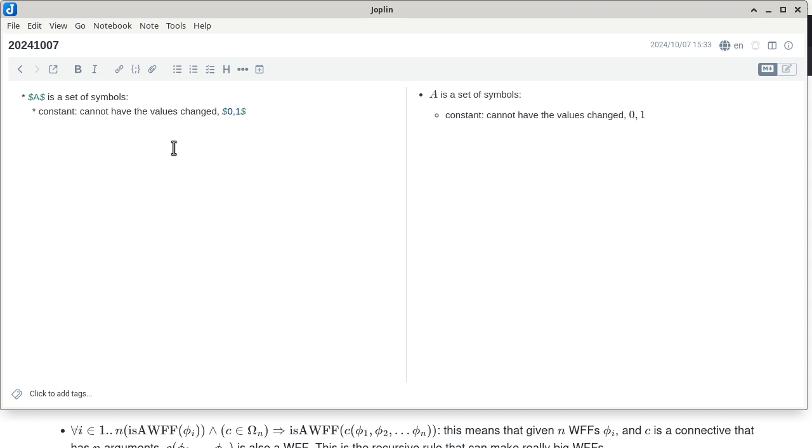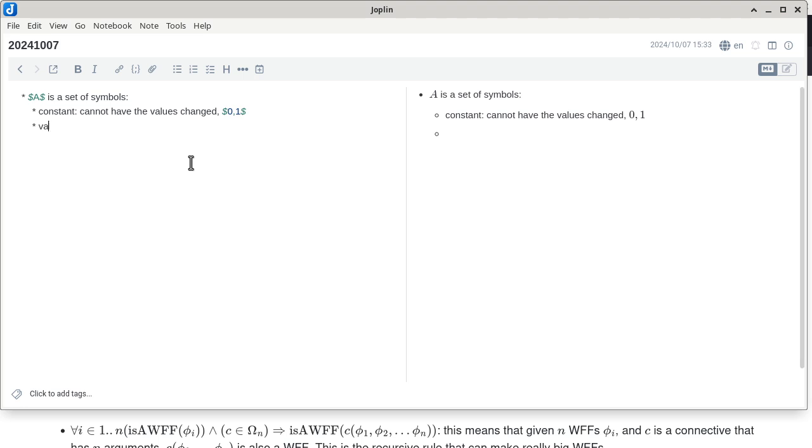But 0 really does not necessarily have to mean false, and 1 does not necessarily have to mean true. They are really just symbols. But they cannot have different values. Whatever meaning 0 has has to stay the same for the entire system. Whatever meaning 1 has has to stay the same for the entire thing.